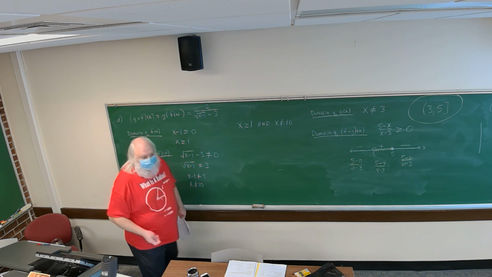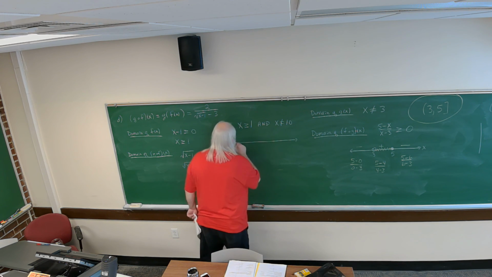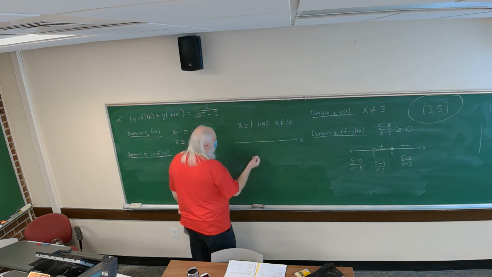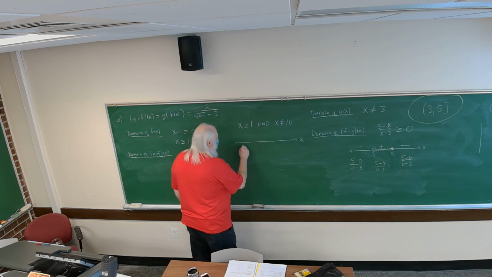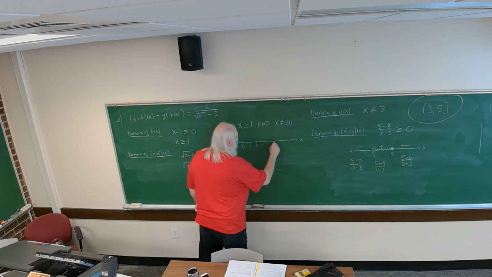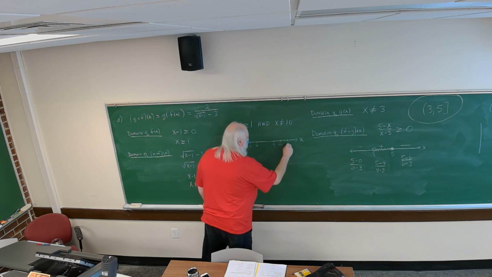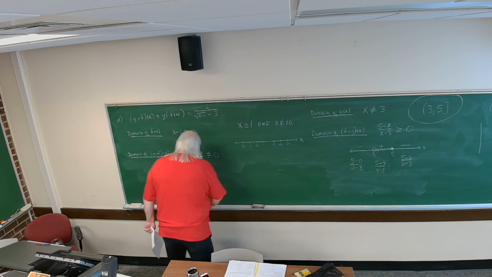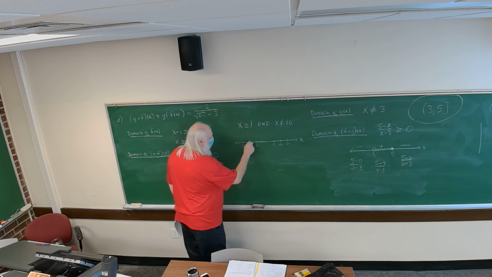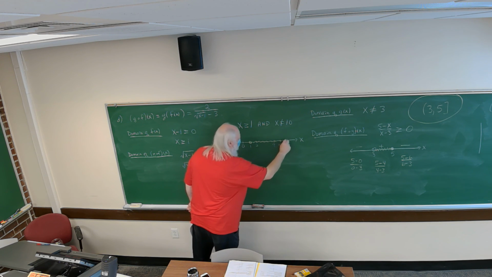Now we can graph this solution set before we write it in interval notation. x greater than or equal to 1. So here's 0, here's 1, here's 2, and then out here, here's 9, 10, and 11. Okay? So x greater than or equal to 1, you put a closed circle on the 1 and shade everything to the right.